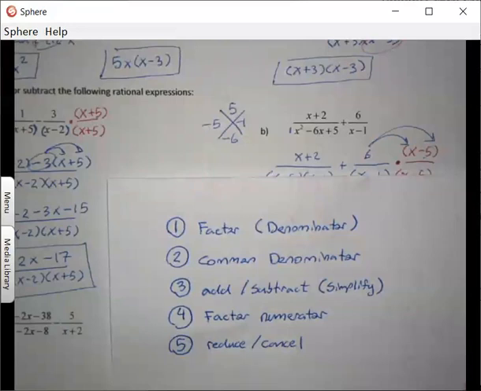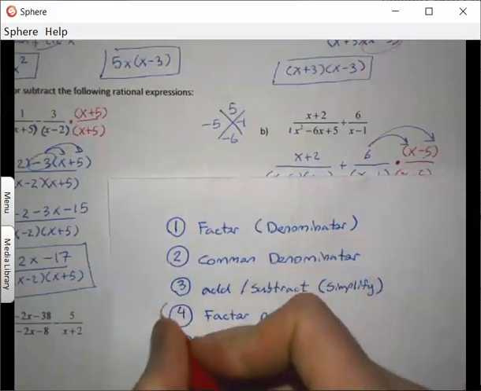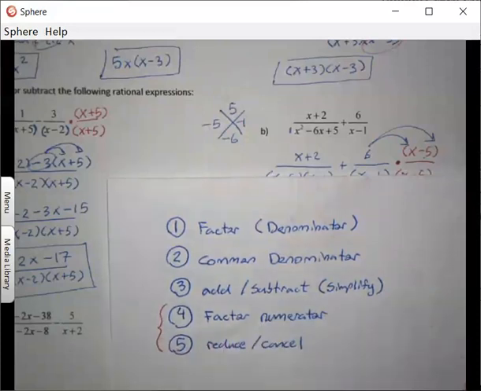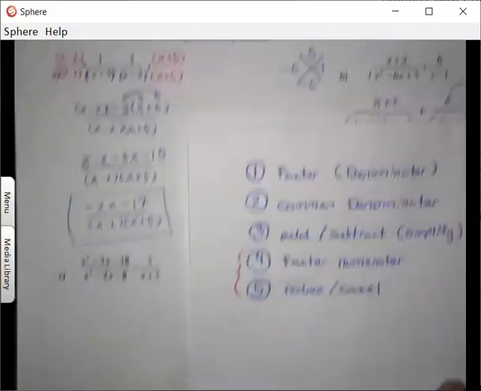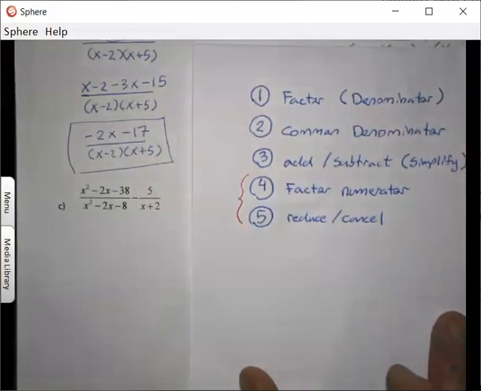Now, steps 4 and 5 are things we always want to check for, but they don't always happen. Sometimes the numerator is not factorable. Sometimes there's nothing to reduce or cancel. All right, so let's do example C, and we should see all the steps for this example.